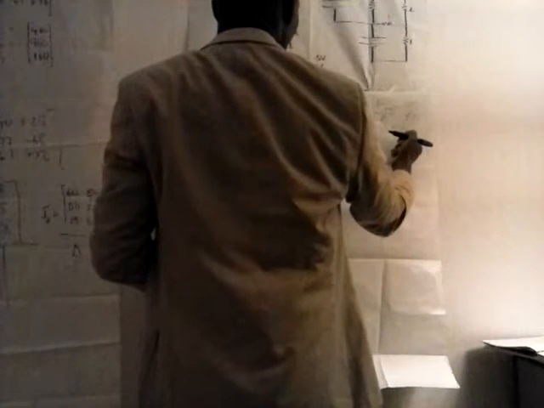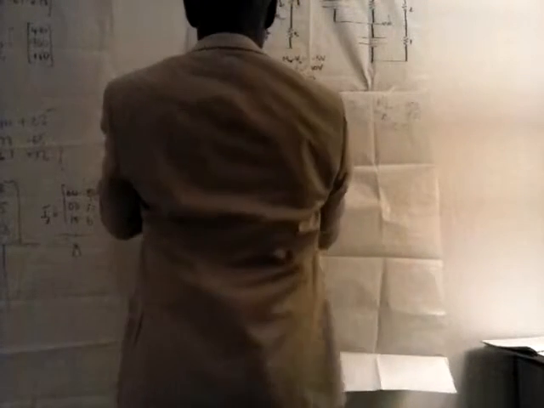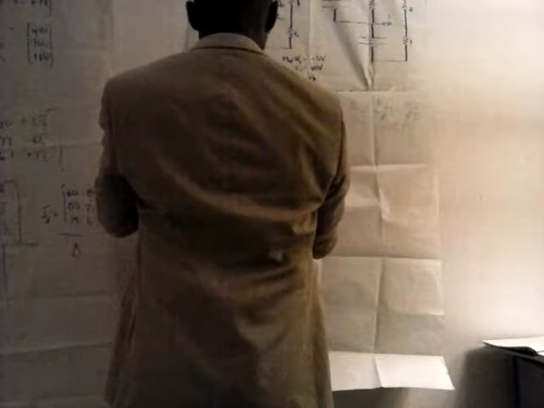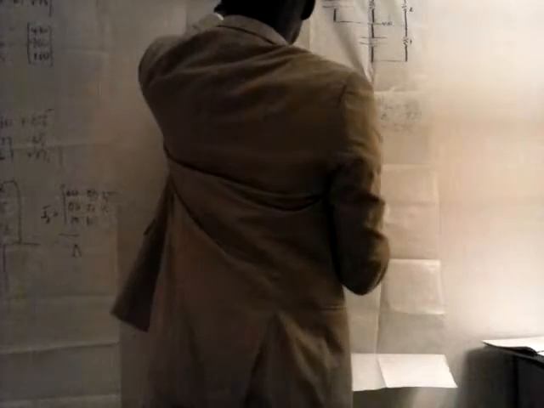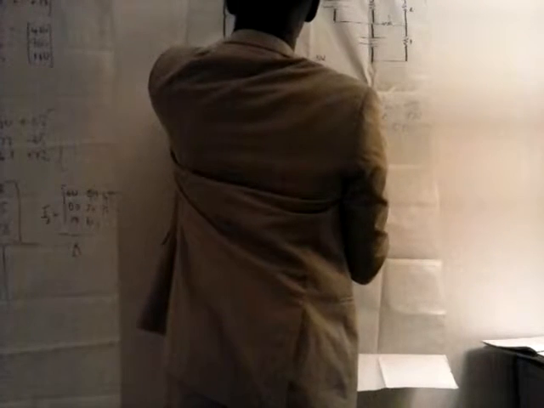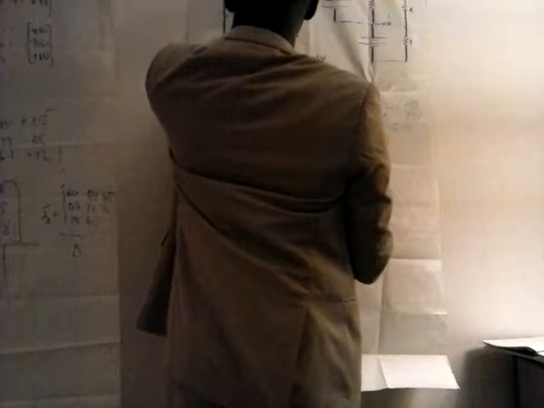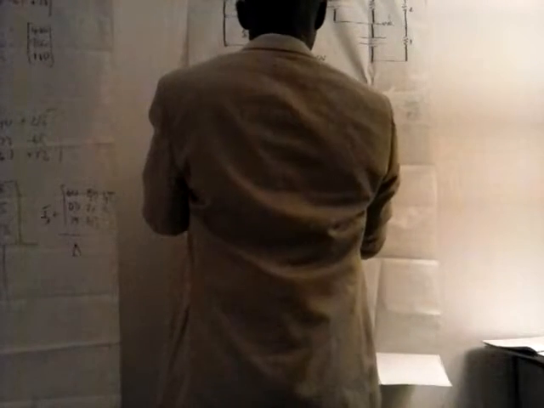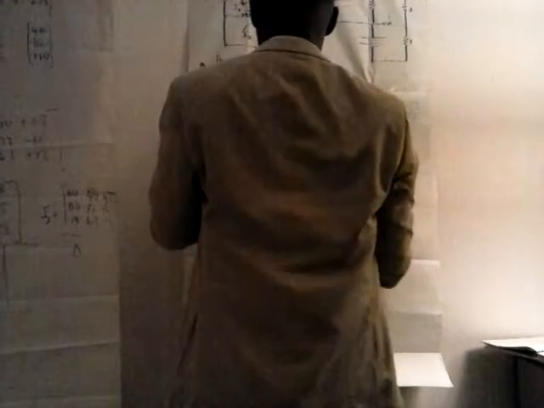So if we use I as 0.5 amps, we have IR would be 0.5 times 4, which is the resistance, plus 0.5 times 3 plus 0.5 times 1.